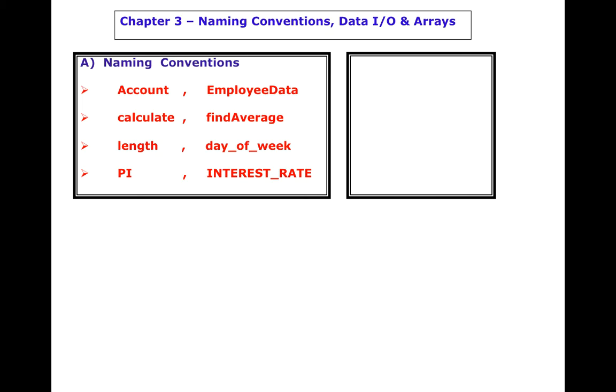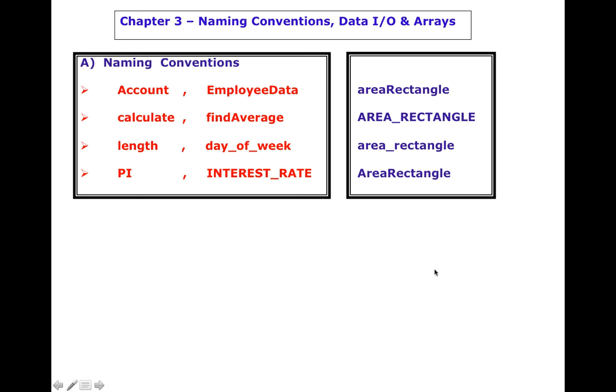If you still don't understand, let's do a very small exercise. So look at this box. I will display four things over here. Area rectangle, area rectangle, area rectangle, area rectangle. Now, even if I don't tell you what they are, you should understand that the first one is the name of a method.